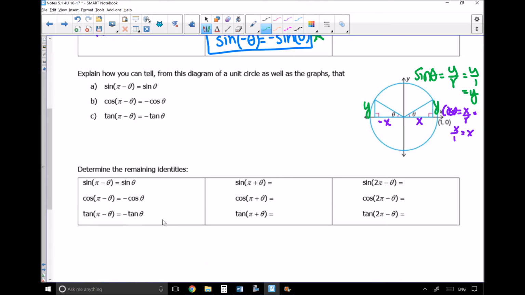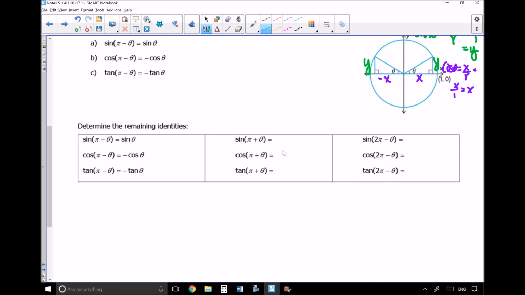Okay? So I'm going to get you guys started for the remaining identities, but I want you to see if you can figure these out yourselves. So if I were to do sine of pi plus theta right here, this time when I look at my unit circle, I know that this is still going to be my theta over here. But this time, let me draw it a little bit bigger again so you guys can see it. This is going to be my theta inside of here.